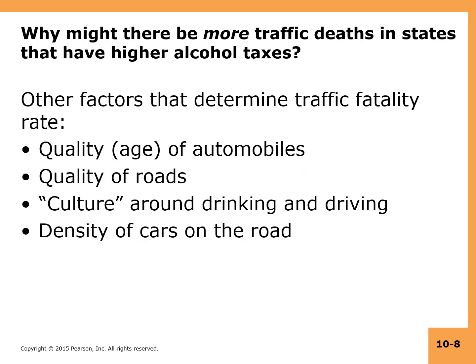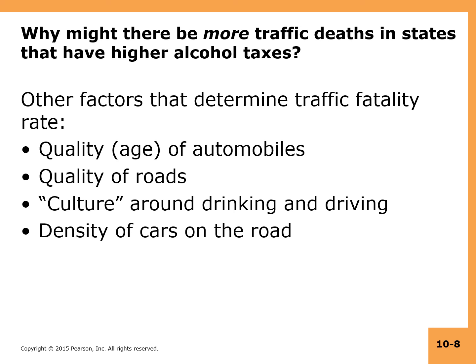So what are some potential factors that affect the traffic fatality rate? Some examples would be the quality of the automobiles, how safe they are, or the quality of roads, which can also impact the traffic fatality rate. Also, we can think of the culture around drinking and driving.